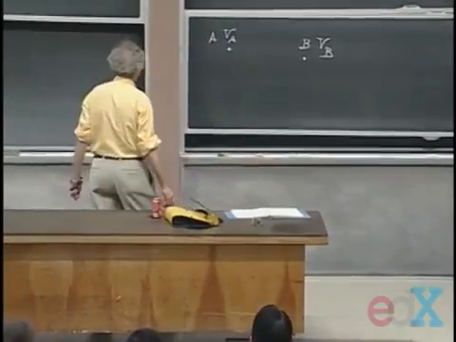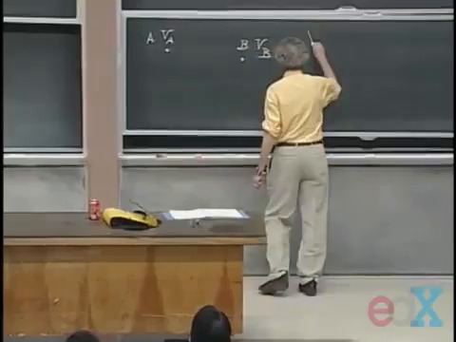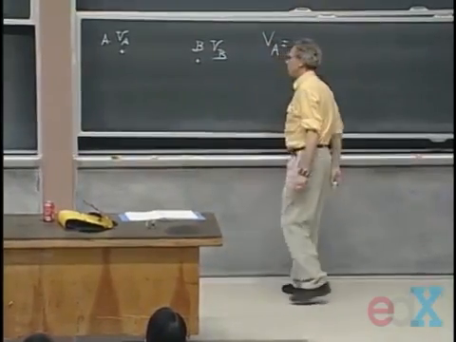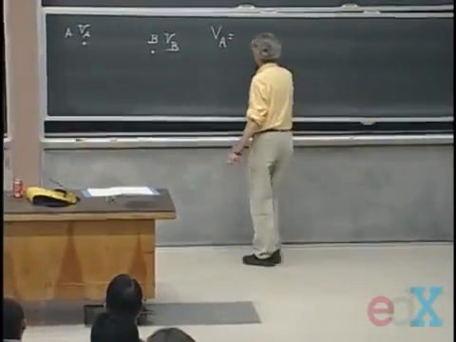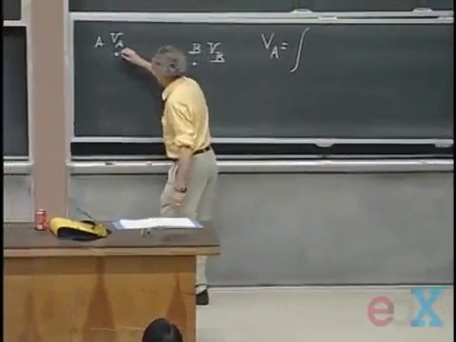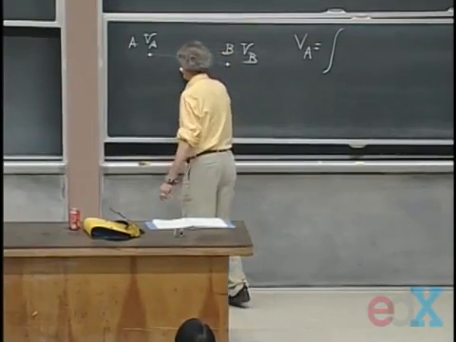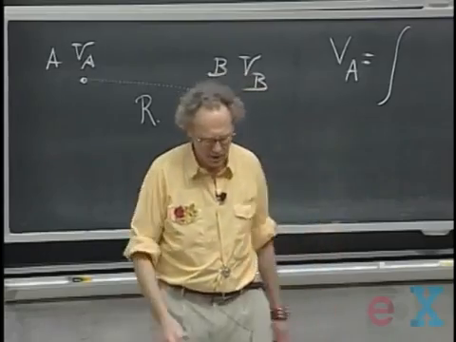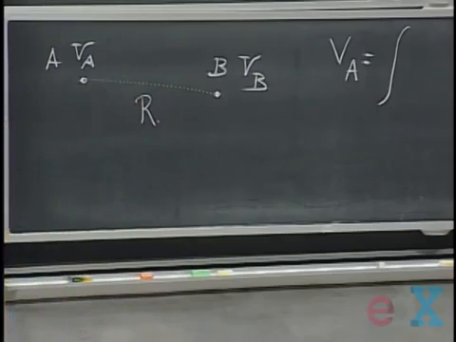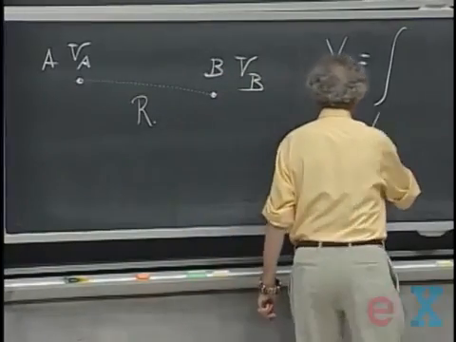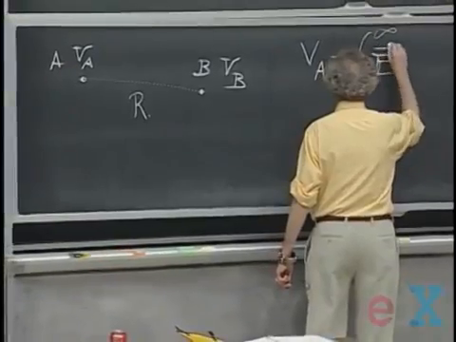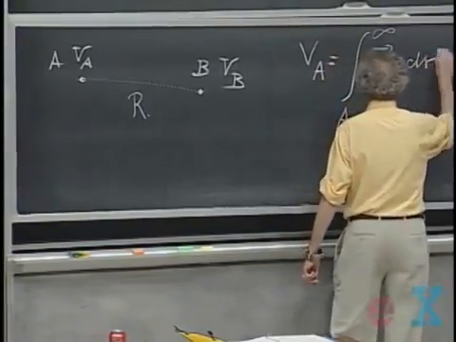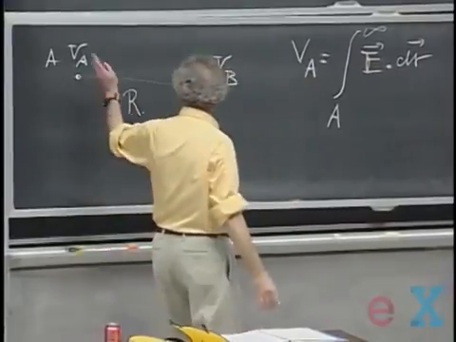By definition, the potential VA, as we discussed before, is the integral. By the way, these are separated by some random distance r, whatever you want. So the potential of A is defined as the integral going from A to infinity of E dot dr. That is the definition of the potential of A.